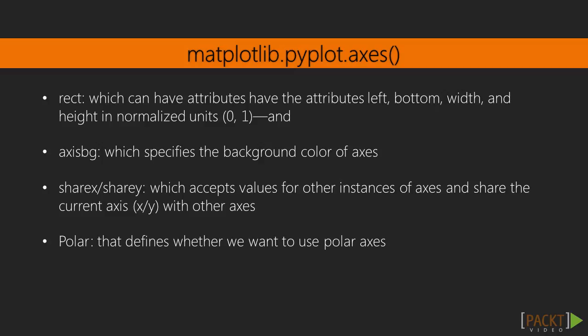There are also other properties that we can set for added axes, such as sharex, sharey, which accept values for other instances of axes and share the current x or y axis with other axes, or the parameter polar that defines whether we want to use a polar axis. Adding new axes can be useful, for example, to combine multiple charts on one figure if there is a need to tightly couple different views on the same data to illustrate its properties.